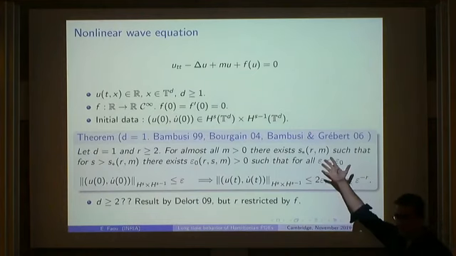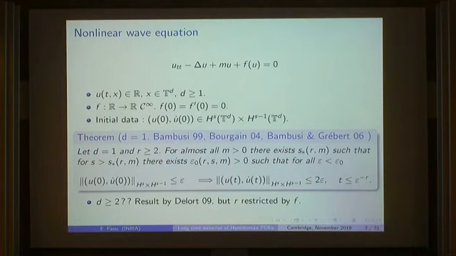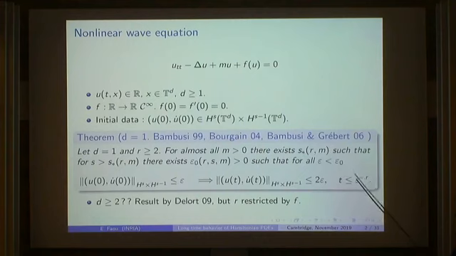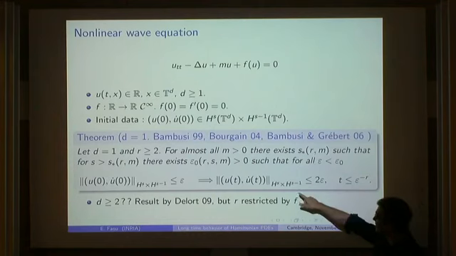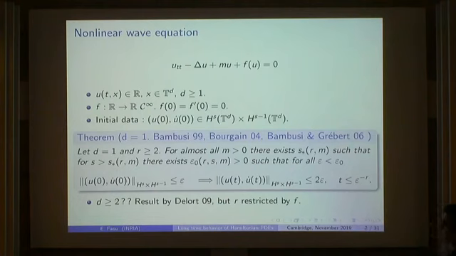Of course, if you are on R^d, you have no dispersion in this equation, so it's hard to obtain a global existence result. But what you can prove is that if you start small, you will remain small for a time that is epsilon to the minus r, but r is fixed and all the constants depend on r. And if you optimize then r with respect to s, and if you assume analyticity, you obtain typically an exponentially long time, like Nekhoroshev estimates in the world of dynamical systems.